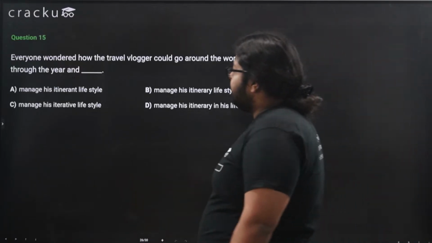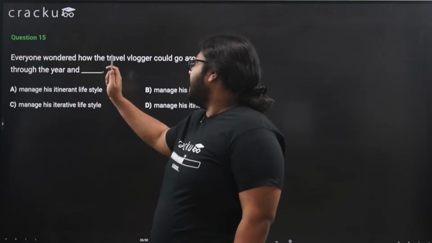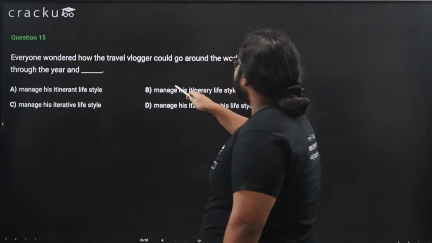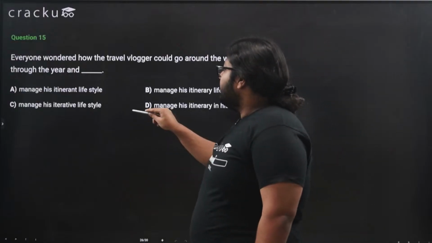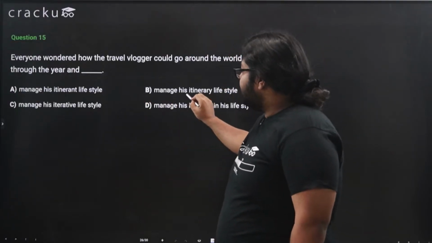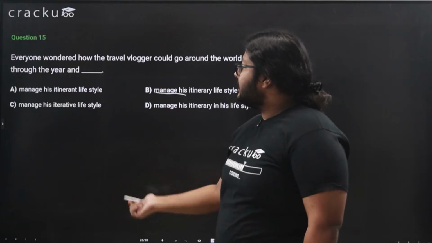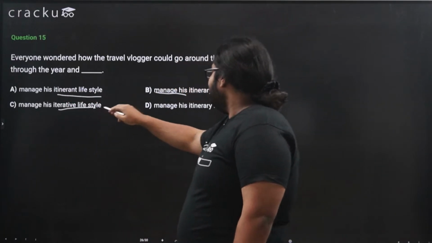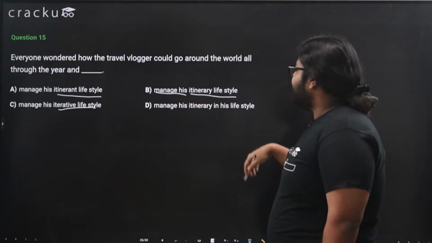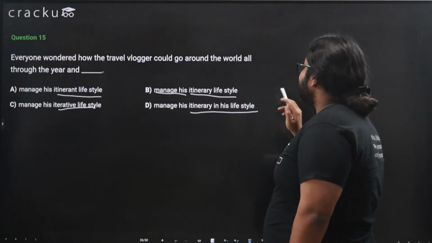Okay, so in this sentence, everyone wondered how the travel blogger could go around the world all through the year and manage his itinerant lifestyle, iterative lifestyle, itinerary lifestyle, and itinerary in his lifestyle.